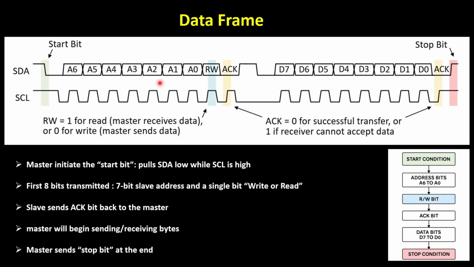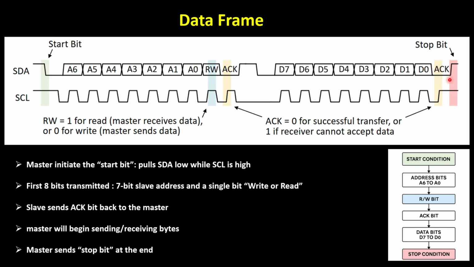If the targeted slave exists on the network, it will answer by sending the acknowledge. After that, the master starts sending the data. As you can see here, D0 to D7 is 1 byte of the data. The master can send multiple bytes of the data, and for each byte of the data, an acknowledge is received by the master.